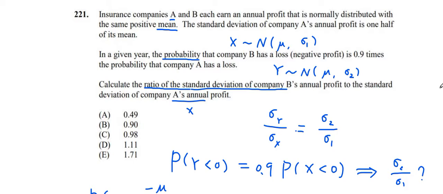Oh, we need this condition: the standard deviation of company A is one half of its mean. So sigma 1 equals half mu.